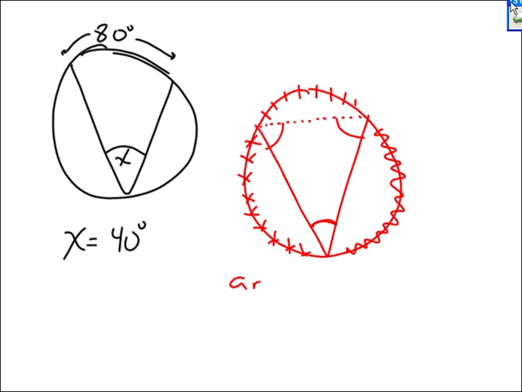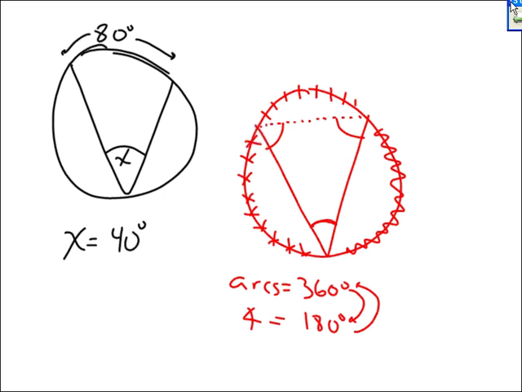Well, the sum of the arcs is 360 degrees. And the sum of the angles is 180. The arcs are twice the angle. The angles are half the arcs.